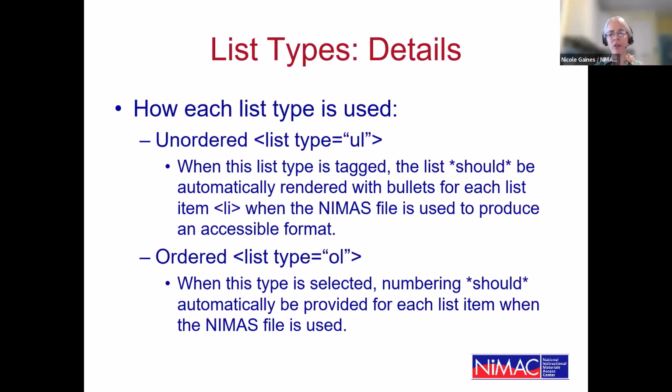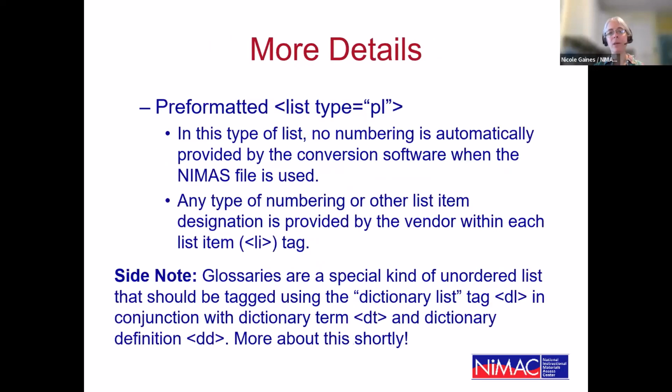There are some additional attributes for the type. There's an enum, or enumeration attribute, which is optional for NIMAS. But if you choose it, in theory, it should indicate to the software whether it's integers or letters or Roman numerals. And then the third type is pre-formatted.